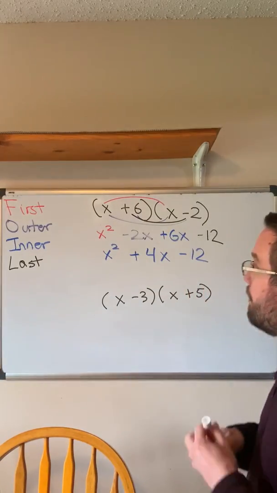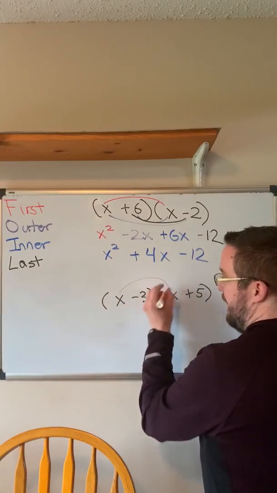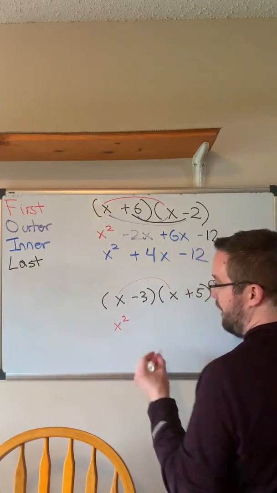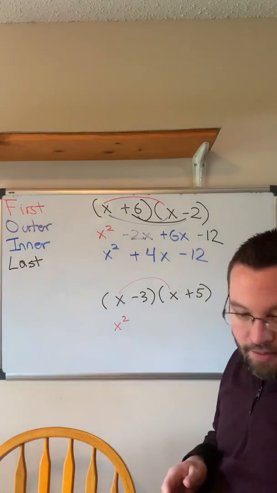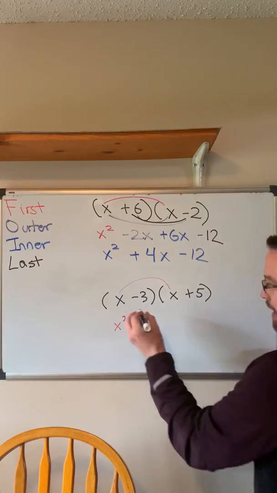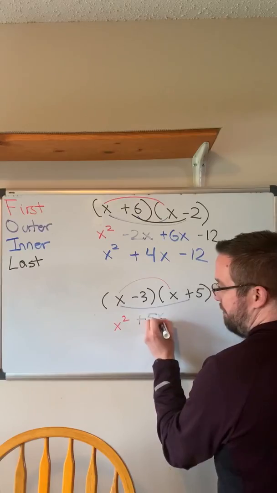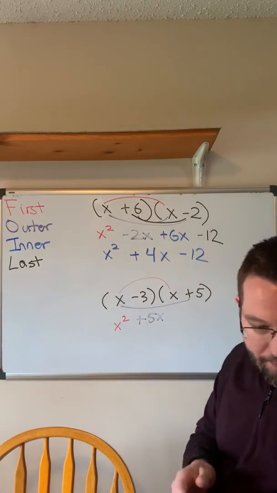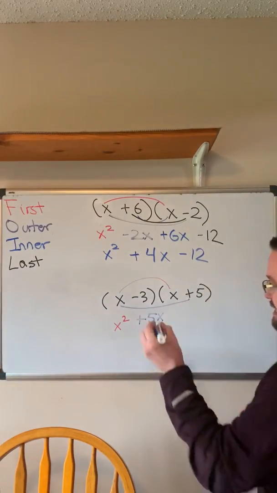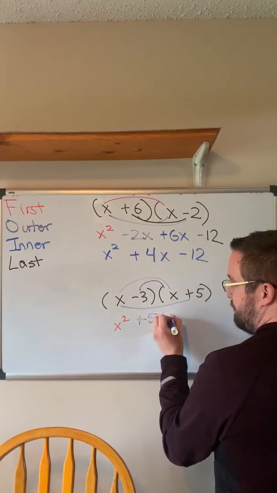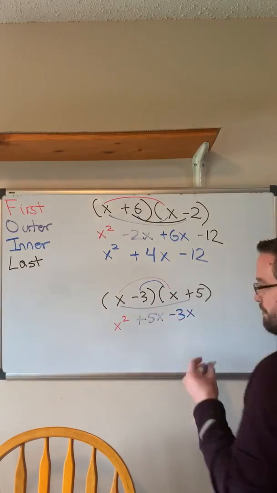So here we go. X times x is x squared. My outside terms, x times 5 is a positive 5x. My inside terms is negative 3 times x, which is a negative 3x.